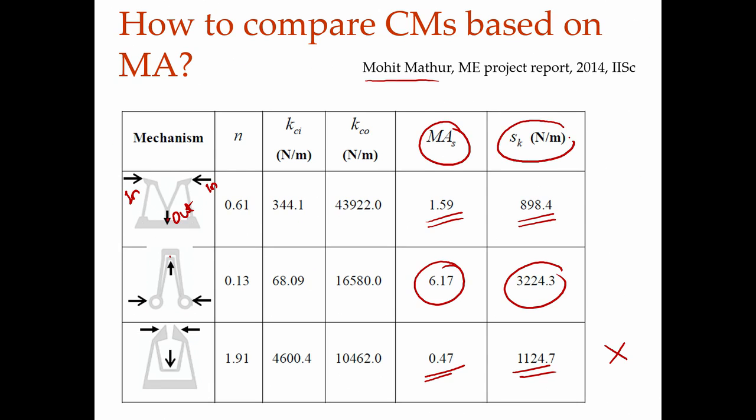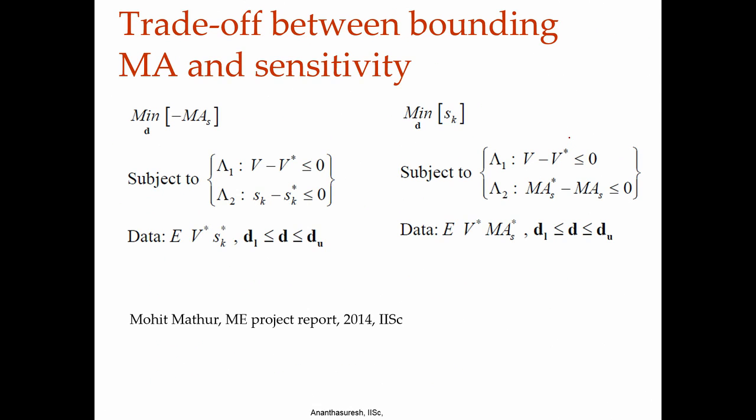Based on this, Mohit actually posed optimization problems. One is minimize negative MEIS, or maximize MEIS, subject to a limit on the sensitivity, or minimize sensitivity subject to at least some MEIS star, that is some basic mechanical advantage you should have.